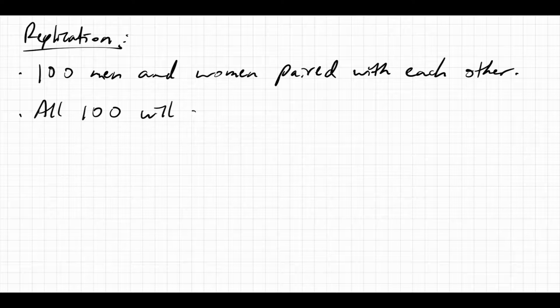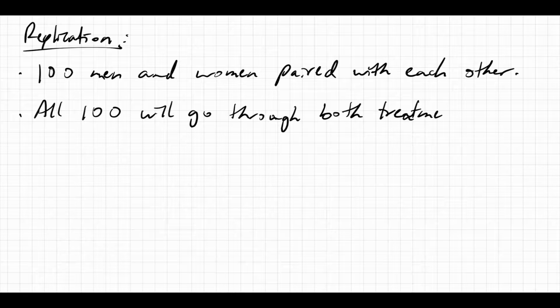All 100 will go through both treatments. So if all 100 go through both treatments, you have 200 people doing this. Before, we only had 25 and 25, 50 for men and then 50 for women, right? So we're doing this more. It's going to take a little bit more time with this method of design.